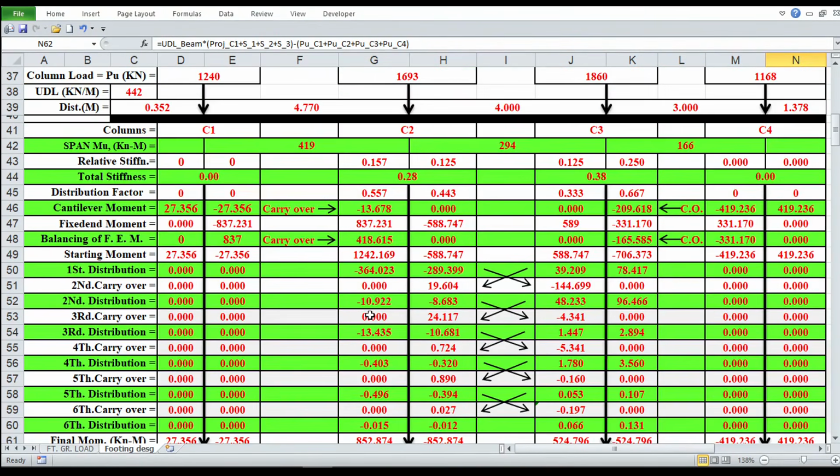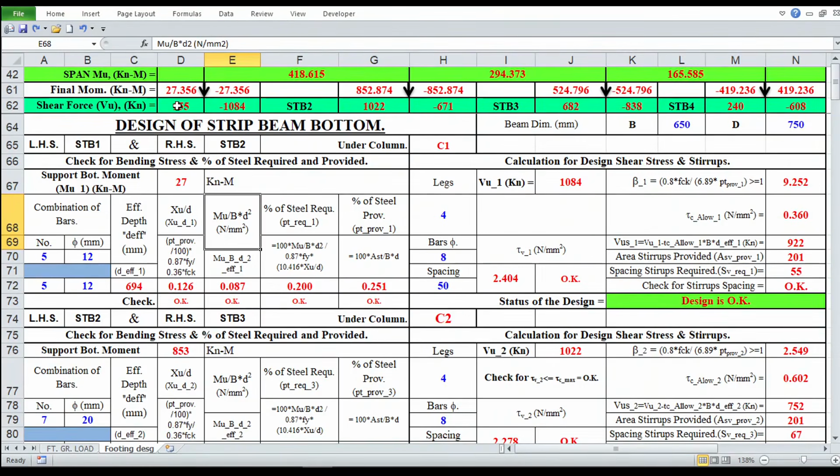One thing we have to keep in mind is the sign of this moment: plus minus, plus minus, plus minus, plus minus, in this way. This portion is STB1, this portion is STB2, this portion is STB3, this portion is STB4, and this portion is STB5. The maximum moment is 853 kilonewton meter. Maximum shear force 1084 kilonewton.